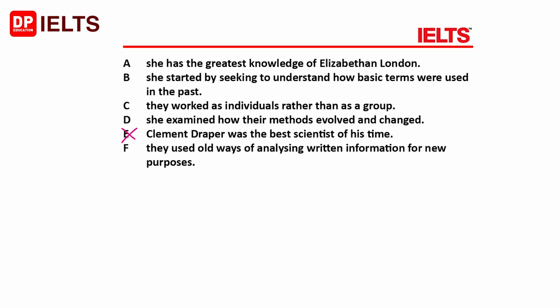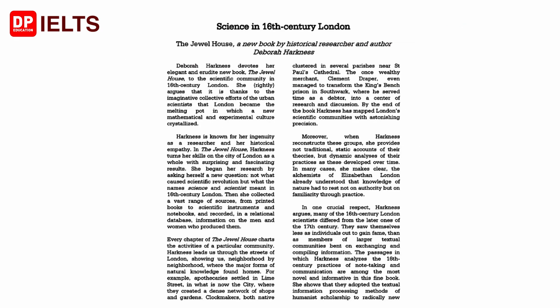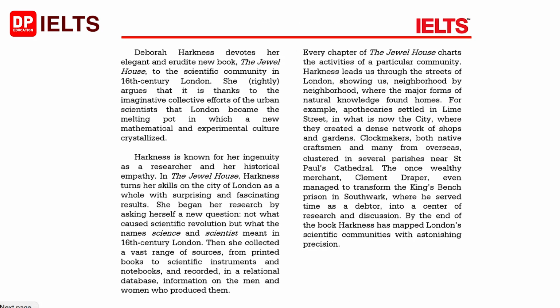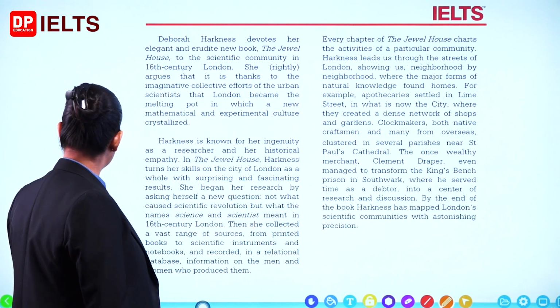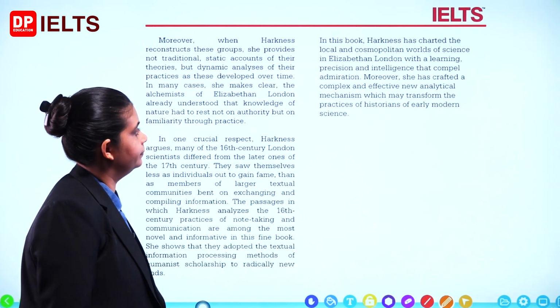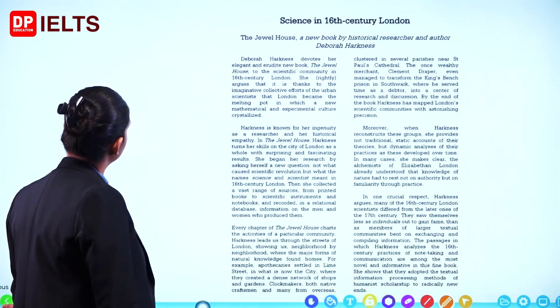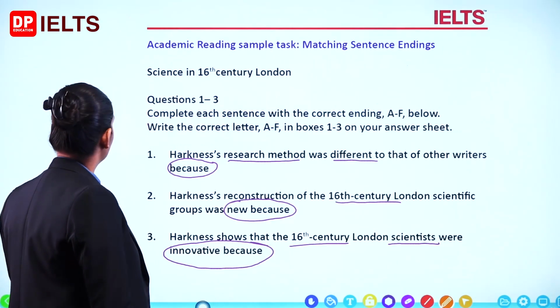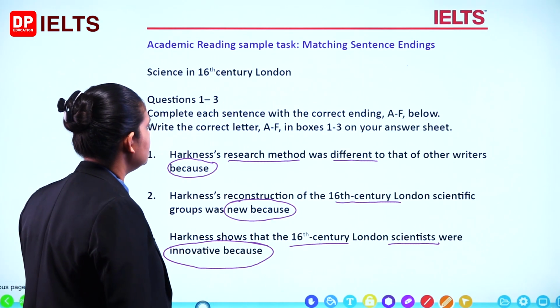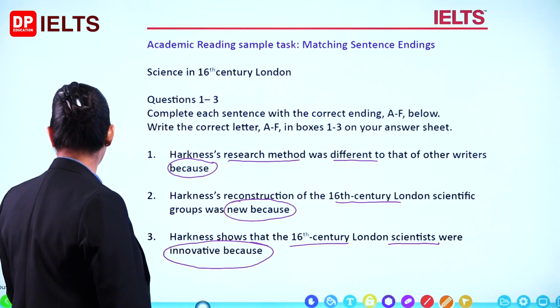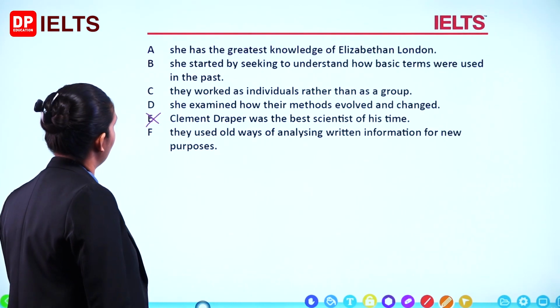Okay, let's have a look at the reading passage. So the next one is here, and then the last bit of the reading is here. Okay, so the first one: Harkness' research method was different to the other writers because why?